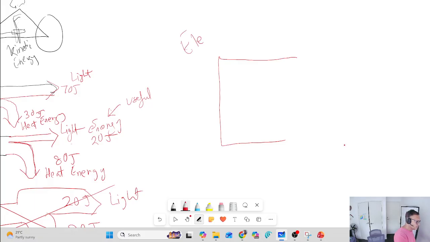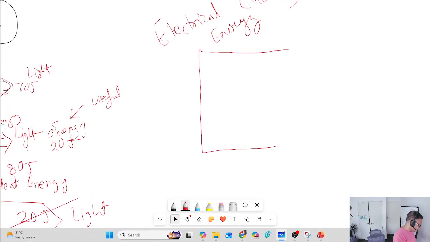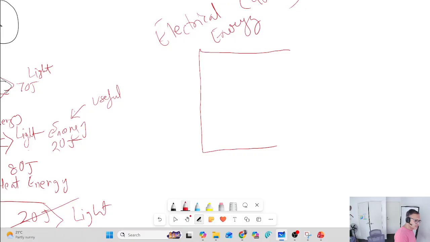Let's say, so input is electrical energy. Okay. And let's say the electrical energy is around 400 joules. Okay. A fan needs more energy than a bulb. You can already make it out, right? Okay. So this is input shown. Then, so this is for fan. Let's label it like that. Fan Sankey diagram.